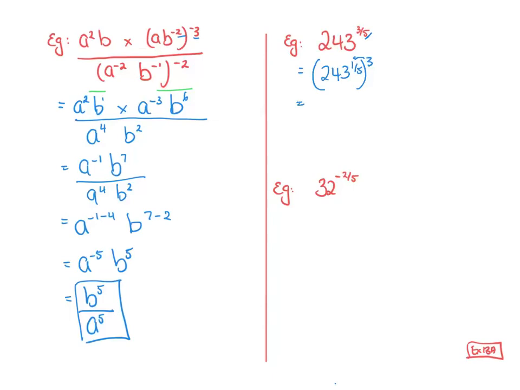Now, 243 to the power of 1 over 5 can also be written as the 5th root of 243. And then I can just leave the power of 3 out there. If you do the 5th root of 243, it actually is 3. You can do that one on your calculator, or soon you'll remember. Because the answer to this is 3, and I've got a power of 3, I know 3 to the power of 3 is 27, and there's my answer.